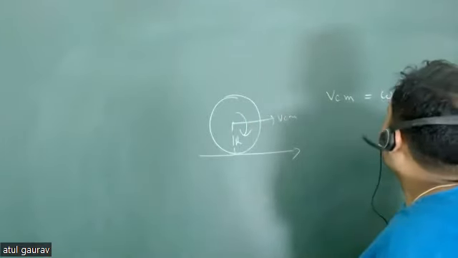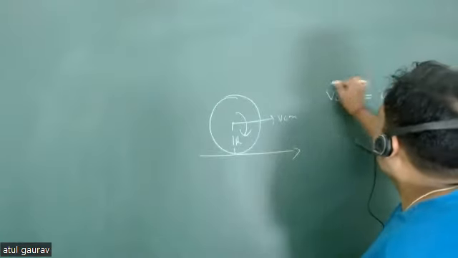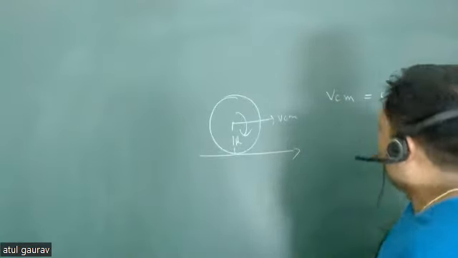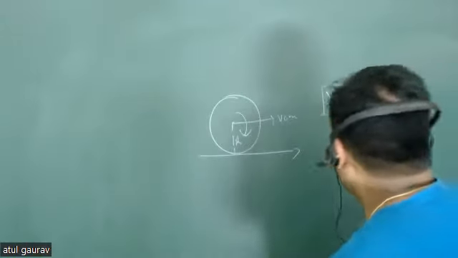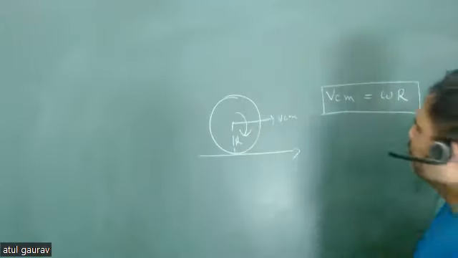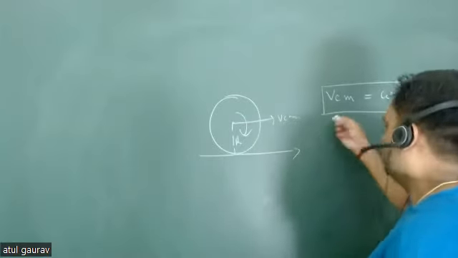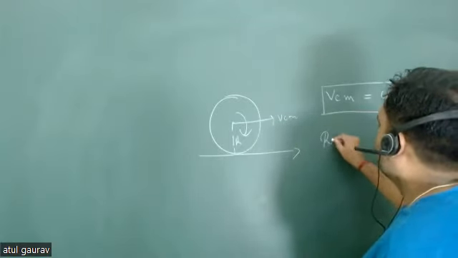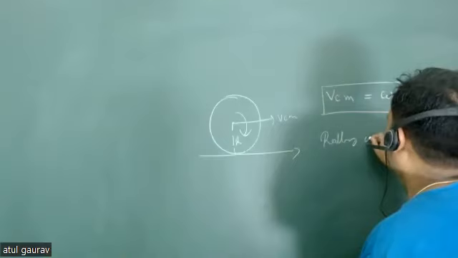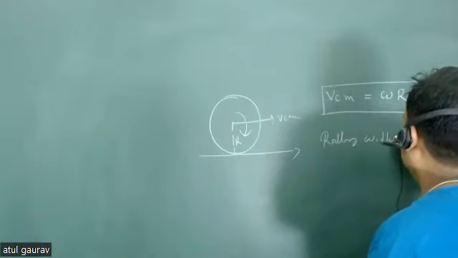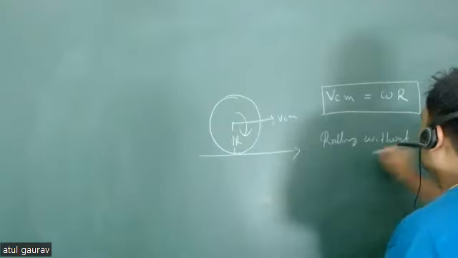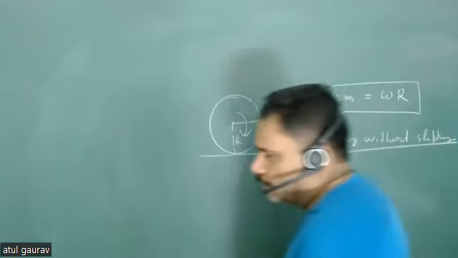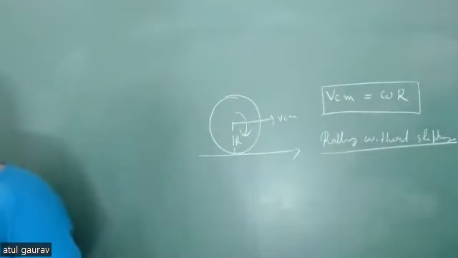So look, this is the relationship between this linear velocity and this angular velocity. If this condition is satisfied, then you can say it is the condition of rolling without slipping.